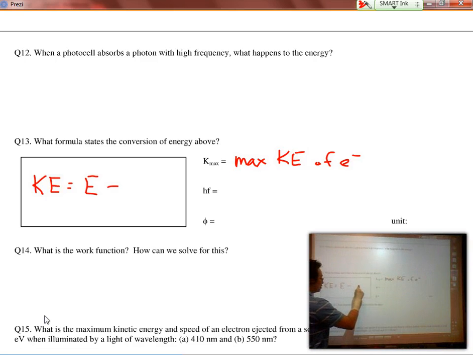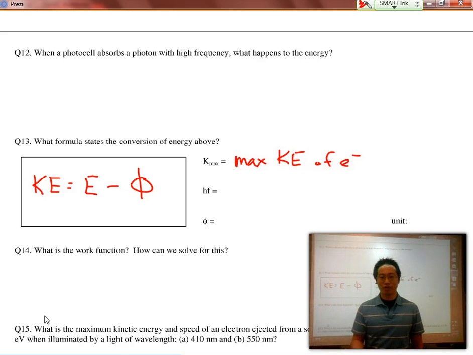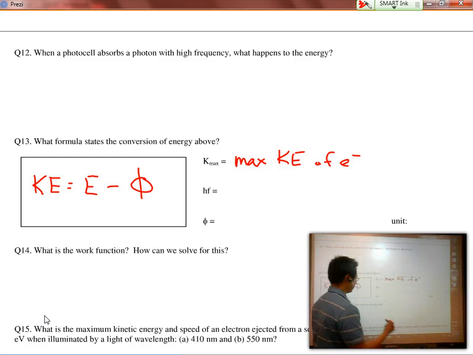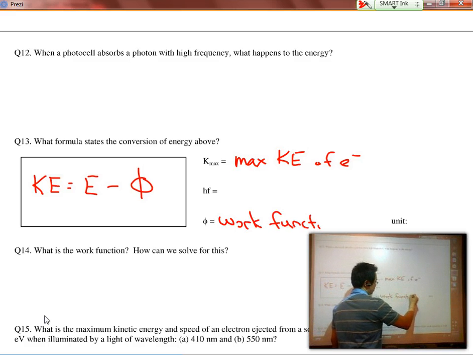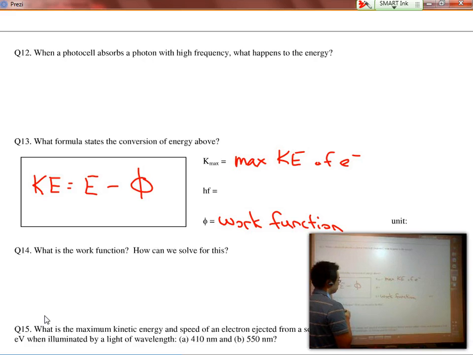And we call that the work function. I know it has the same symbol as flux from the previous unit, but there's no little m here, so it's completely different. The work function here is represented by the same variable.